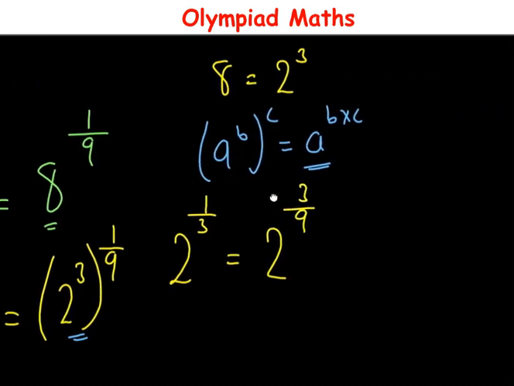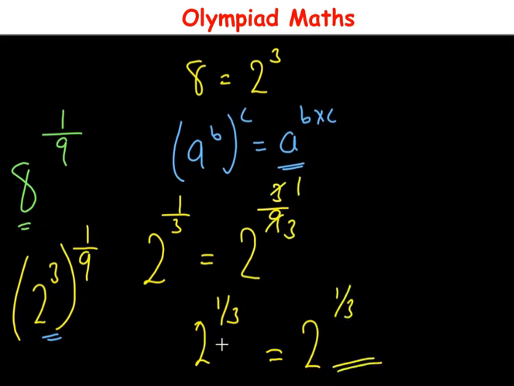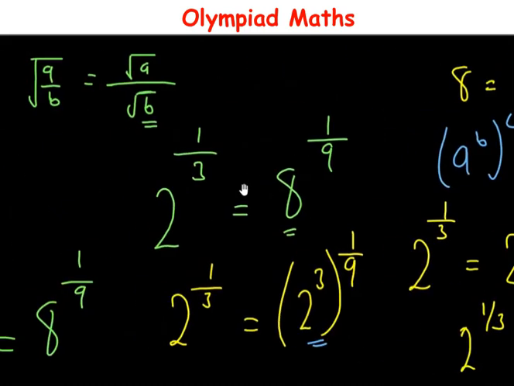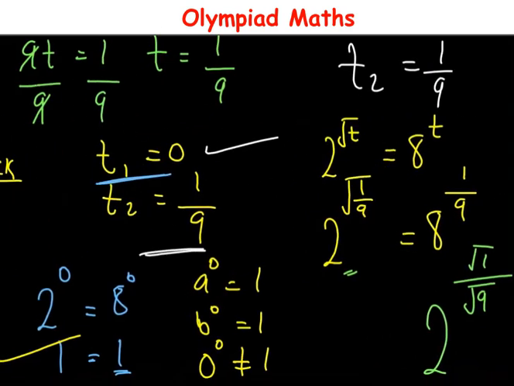So from here, we have 2 raised to power 1 over 3, okay, is equal to 2 raised to power 3 over 9, which is 1 over 3. And since they're equal to each other right here, that means that the value of t2, which equals 1 over 9, is the correct solution.